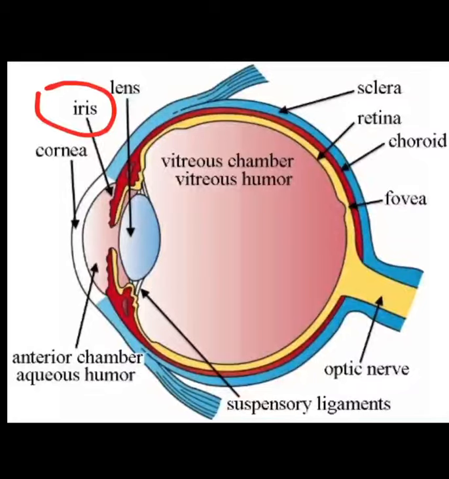Together these muscles help in regulating the size of the pupil to regulate the amount of light entering the eyes to see the objects. The radial muscles help in widening the size of the pupil, and the circular muscles help in constricting the size of the pupil to adjust the amount of light entering our eyes.